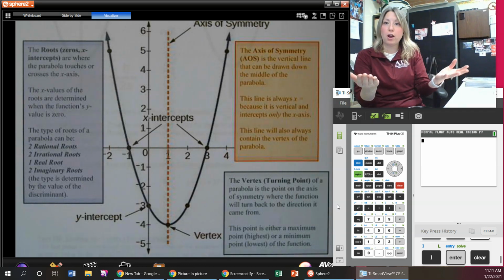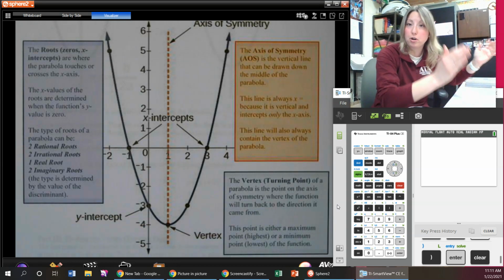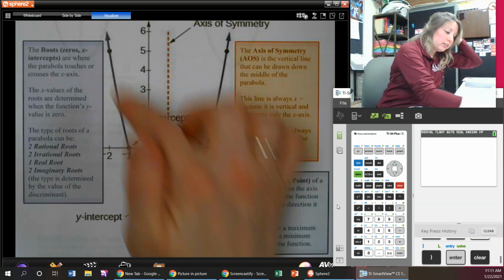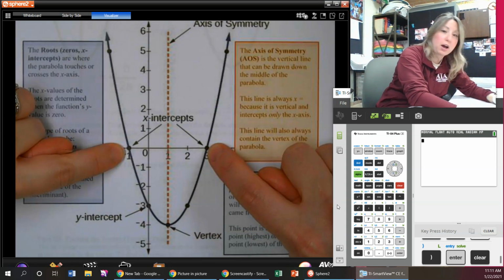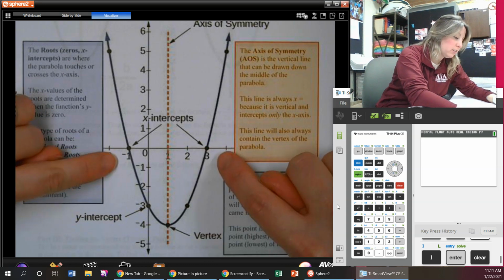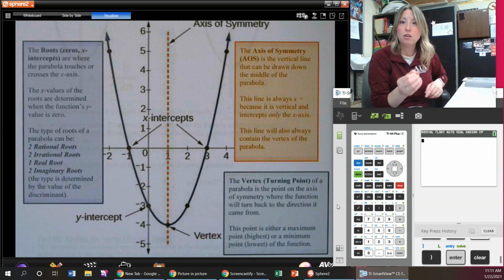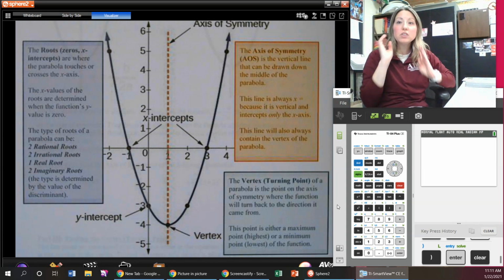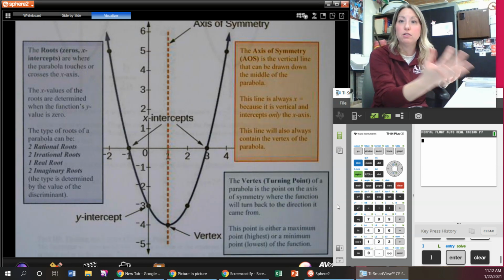If your parabola is like this one, a smiley face parabola as I like to refer to it, it continues down and has its vertex way down here, and where it crosses in these two spots are its roots. In this case, the roots are -1 and 3, which means if I solve the quadratic equation with y equal to 0, my solutions would be -1 and 3.